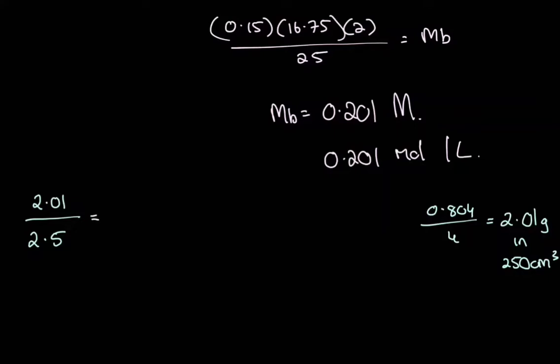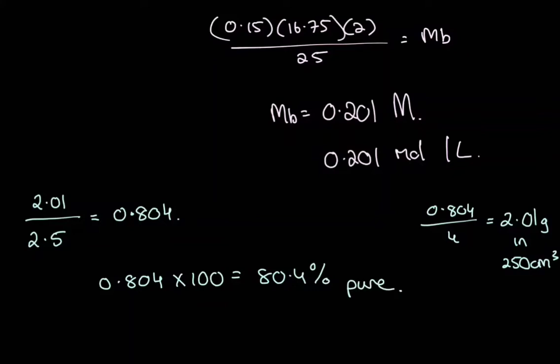I'll work that out to be 0.804 as a decimal. So that's how they compare to each other. If I want it as a percentage purity, you just need to multiply it by 100. And you'll get 80.4%. So the NaOH was 80.4% pure.